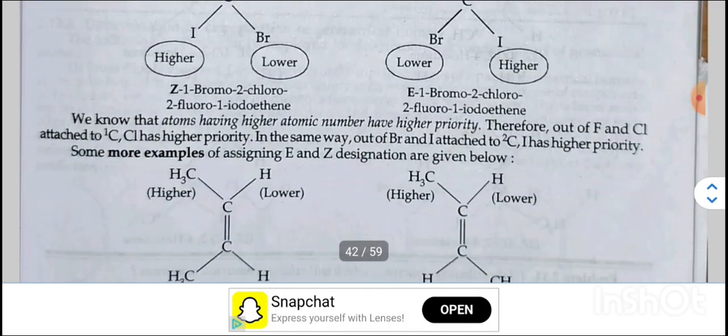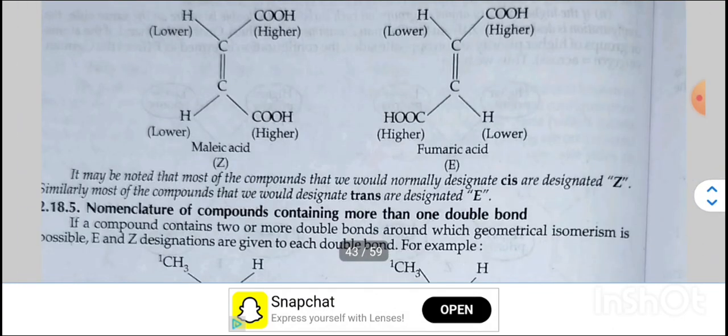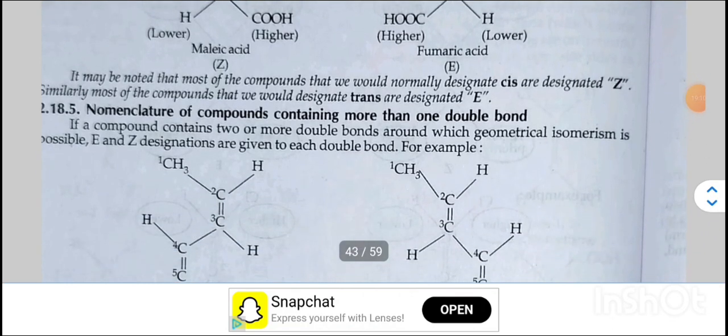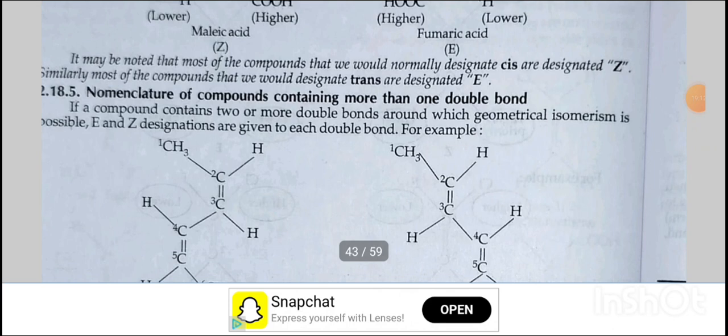Thus we have: It may be noted that most compounds that we would normally designate cis are designated Z. Similarly, most compounds that we would designate trans are E.